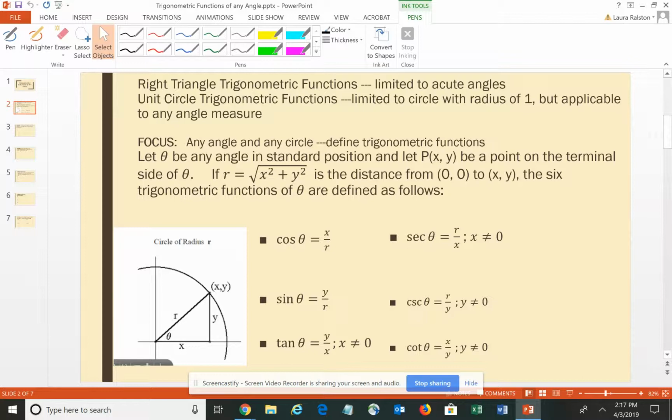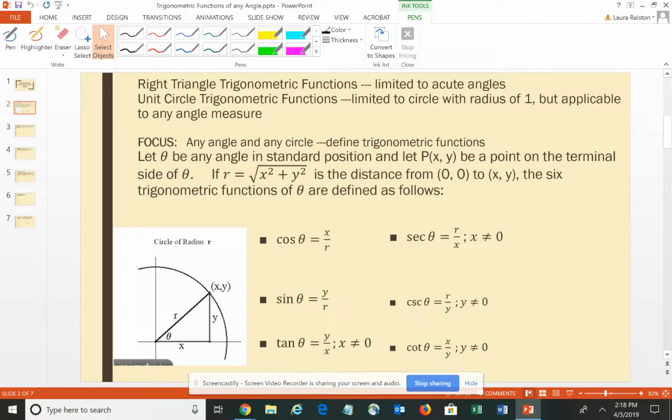It gives you a picture here of what we're talking about. If you draw an angle in standard position, we name that theta, and we draw our radius from the center, which is the origin, out to a point on the circle, which we've named x comma y, then from there we can define the 6 trigonometric functions using kind of the right triangle concepts, where cosine theta is the adjacent over the hypotenuse, where the hypotenuse is represented by the radius.